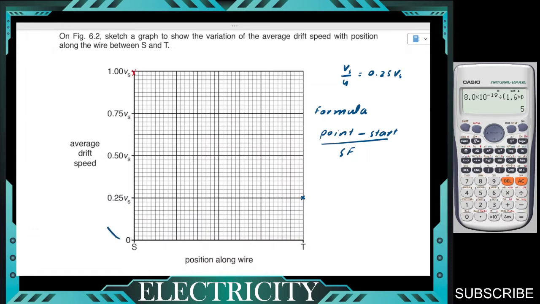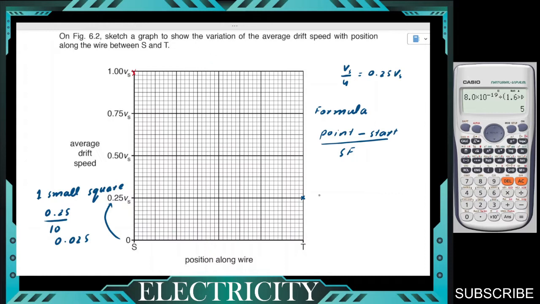For example, 10 small squares make up 0.25. So one small square would make up 0.25 divided by 10, which is 0.025. So one small square makes up 0.025.